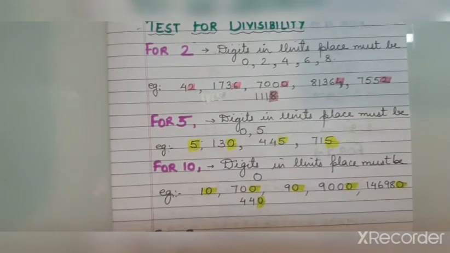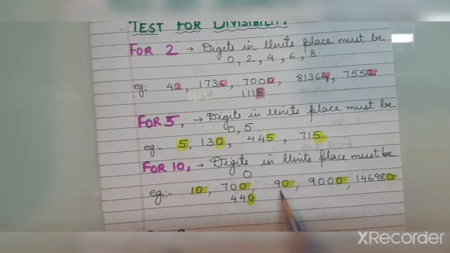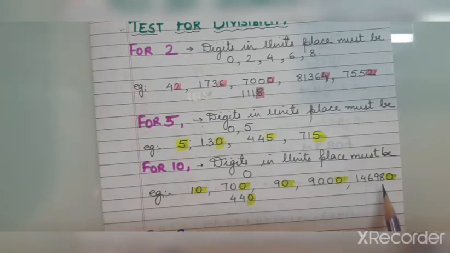And the third one is the test for the divisibility of 10, that in the units place 0 should be present. So all these numbers which are given here: 10, 700, 90, 9000, then 1,46,980. Here the units place also has 0, and 440.